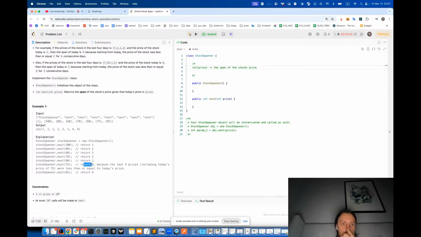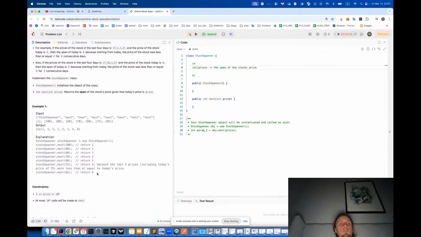So we return 4 because the last 4 prices are at most today's price of 75. So we should actually deduct, and then the next is 85.